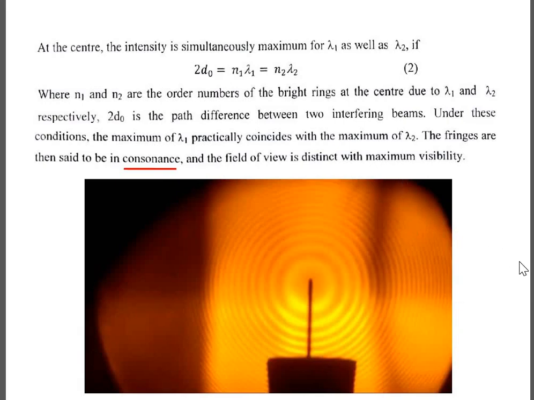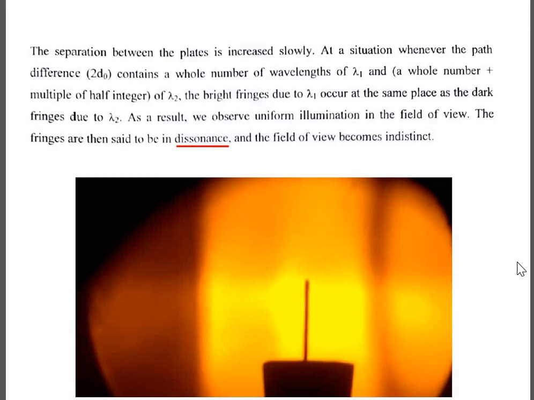Now of course there is another part as well, and that is when the separation between the plates is slowly moved away, then one maximum of lambda 1 might overlap with the minimum of lambda 2.